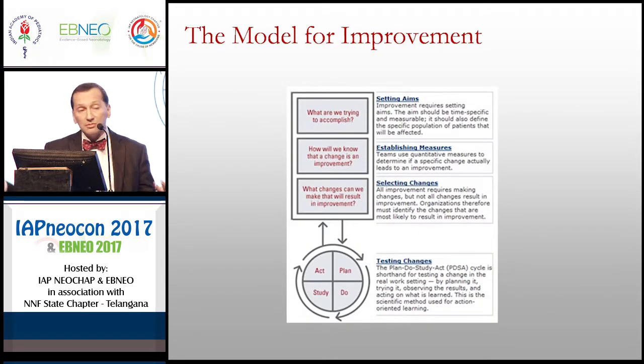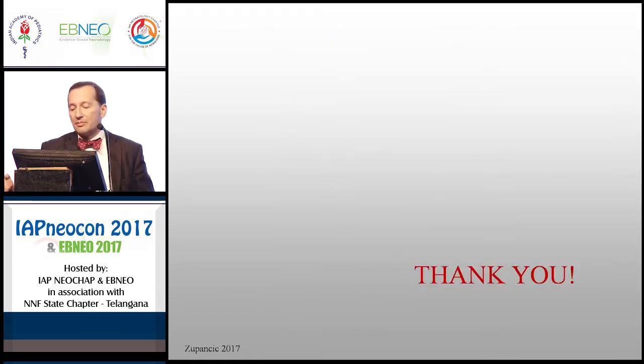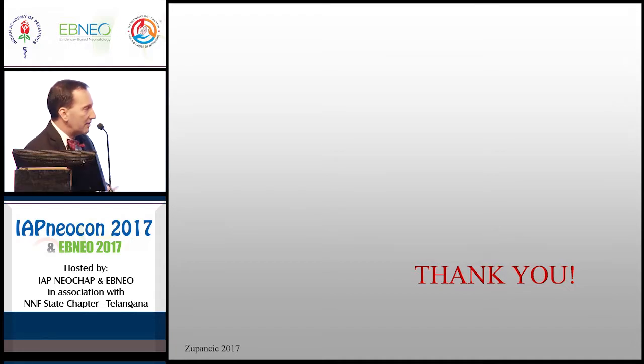And then, once you take the priorities, you feed them into the how of quality improvement that we've been talking about. So I hope that gives you some ideas about the sort of conceptual approaches to choosing NICU priorities. And I don't know if we have any time left for questions, but thanks for the extra minute or two.